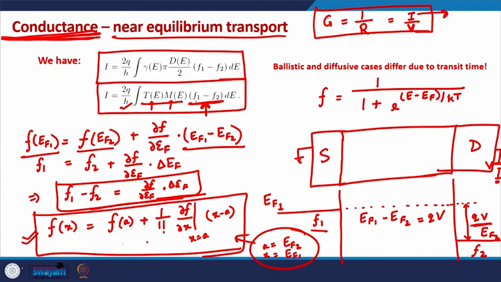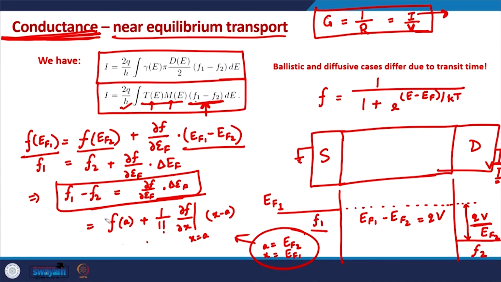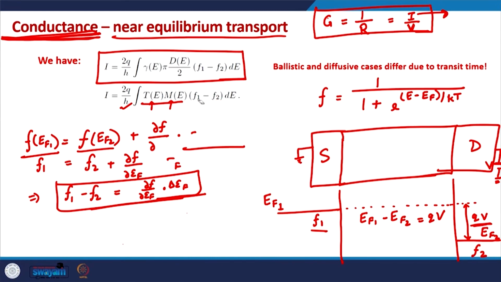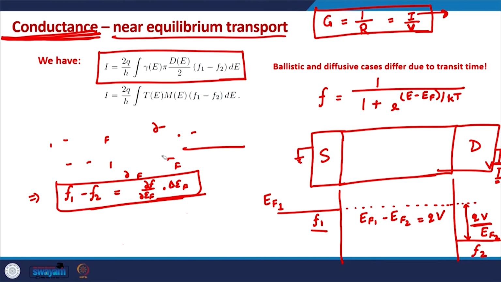So, finally, we have obtained the difference between F1 and F2 in the case of near equilibrium transport, and that can give us the exact form of current or conductance in the near equilibrium transport case.